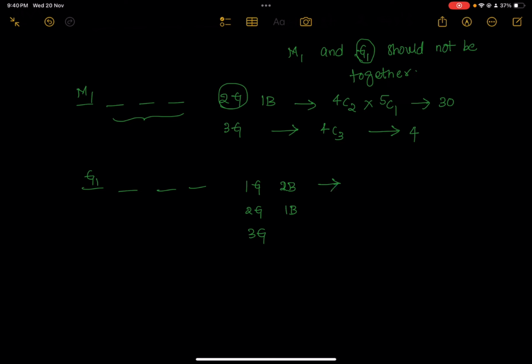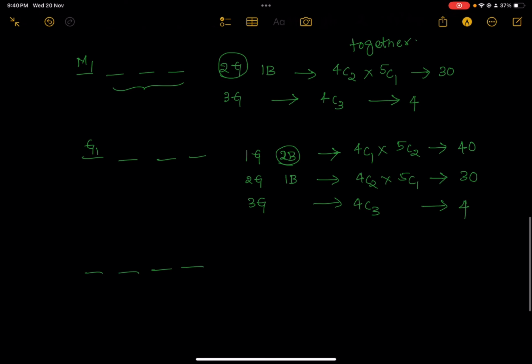G1 is already selected, so from the other 4 girls we have to select 1 girl. So 4C1, similarly for this 4C2, and for this it is 4C3. And here we have to select 2 boys, but we should not select M1. So from the 5 boys we have to select 2 boys. 5C2. Similarly this is 5C1. 4C1 is 4, 5C2 is 10. This is 40. 4C2 is 6, 5C1 is 5. This is 30. 4C3 is 4.